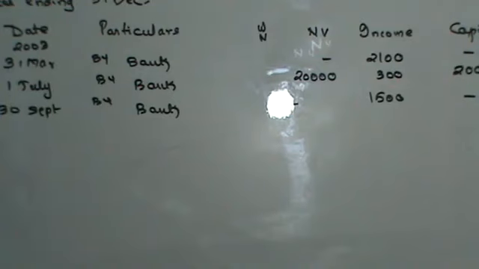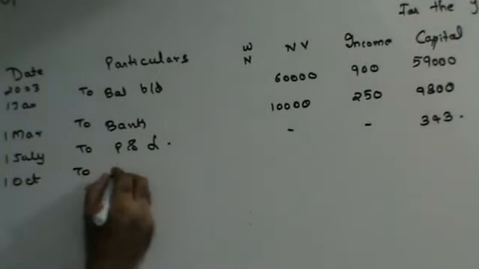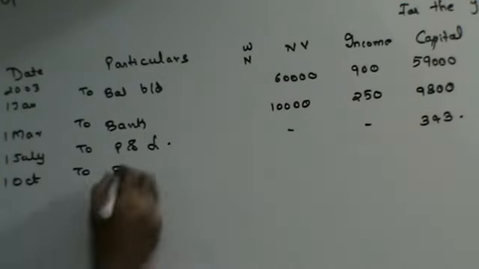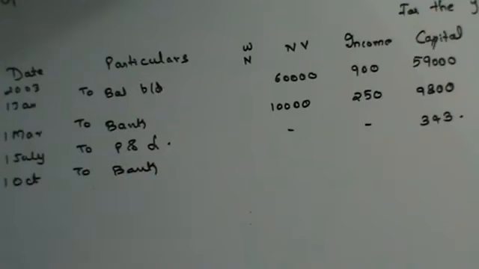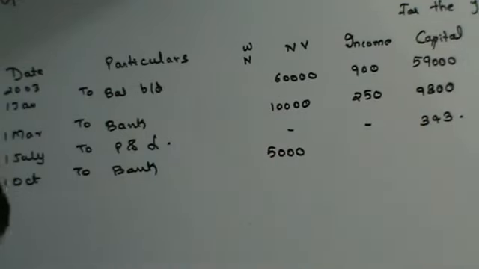then on 1st October you purchased. Debit what comes in. So on the debit side, 1st October, you want it at 6,100, upon 100 only we take 6%. Right? To bank, I'm buying 50 units. 50 units means 50 units of 100 each, so that is going to be 5,000.